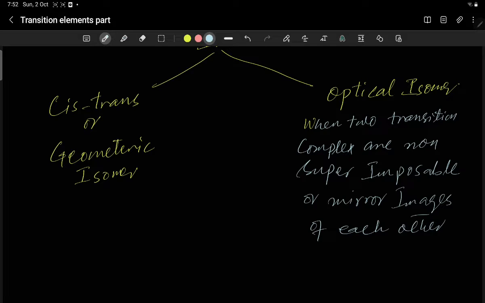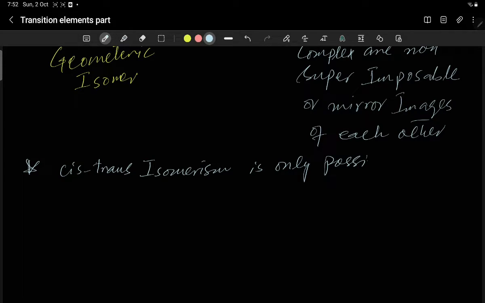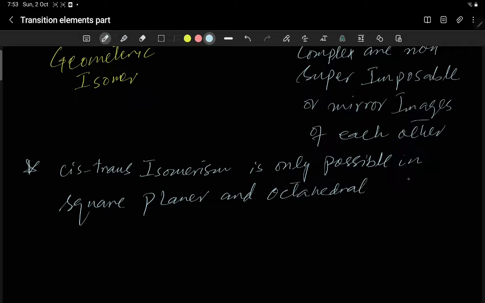There are certain conditions, so you should know these facts before starting isomerism. First, cis-trans isomerism is only possible in square planar and octahedral complex molecules.